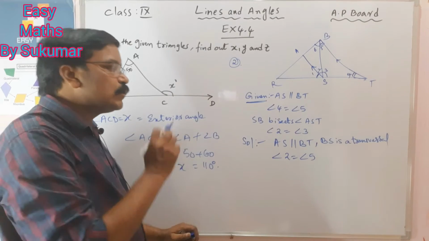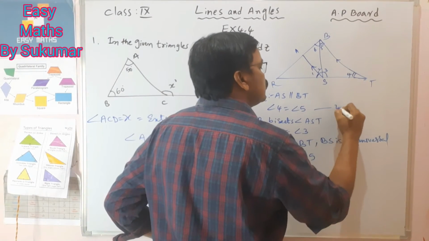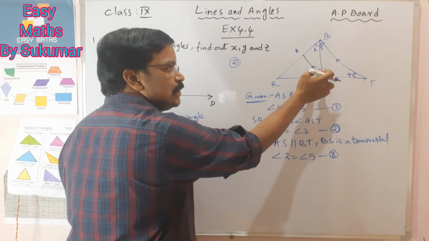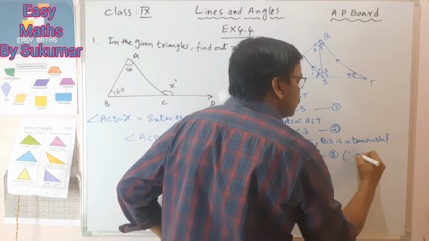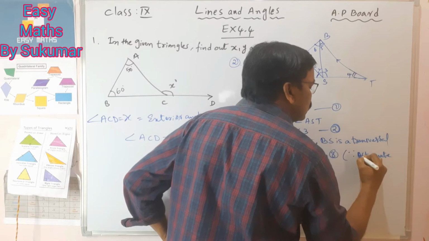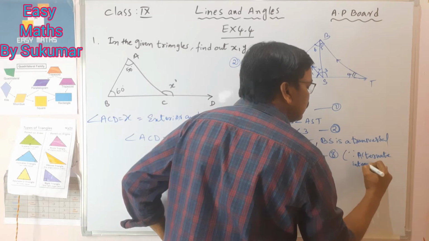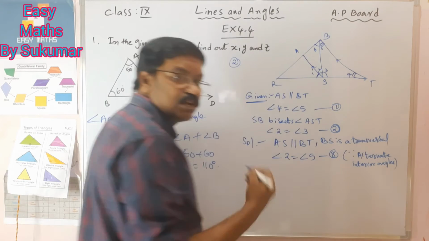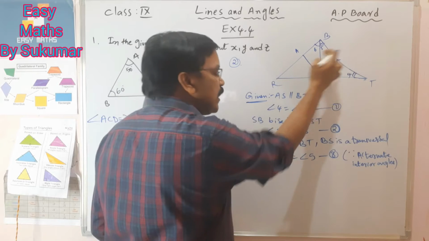Angle 2 is equal to angle 5. So let it be, this is equation 1, this is equation 2, this is 3. So why are this angle 2 and angle 5 equal? These are alternate interior angles. These alternate interior angles are equal. So angle 2 and angle 5 are equal.